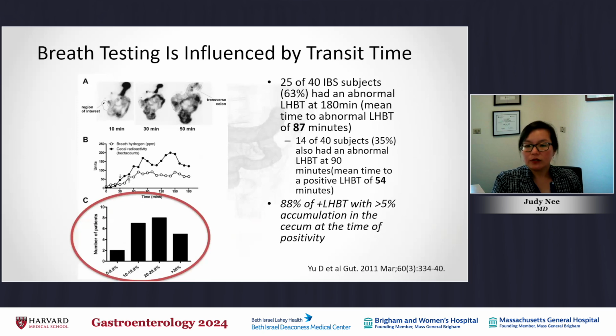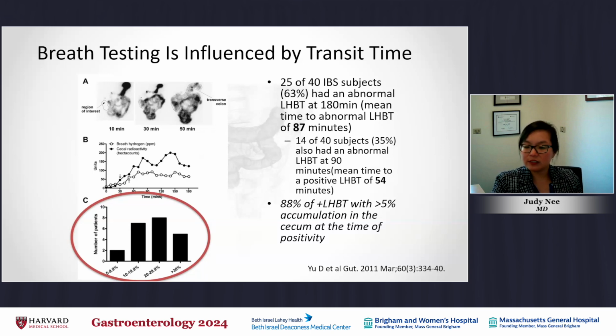Is it that the breath test is influenced by transit time? This is a groundbreaking article in 2011 that was trying to evaluate where the positivity occurs in the breath test when the substrate is actually in the GI tract.